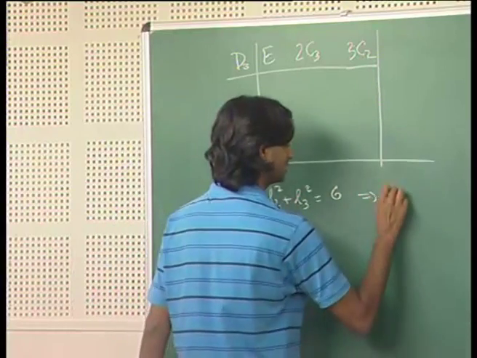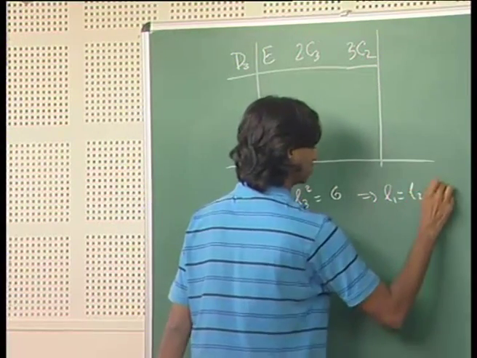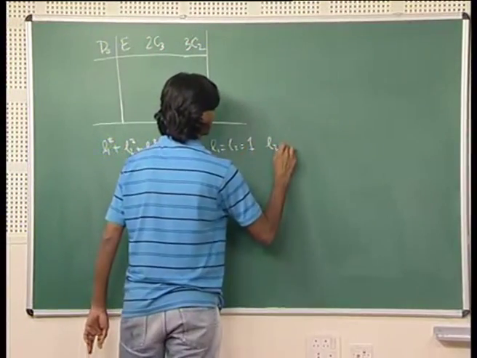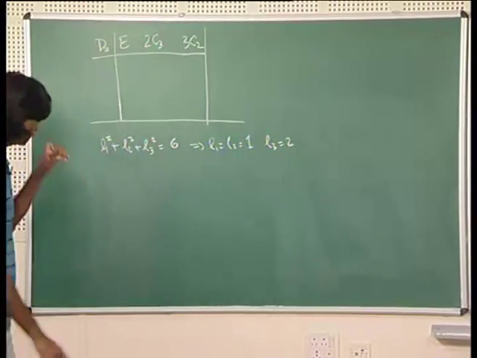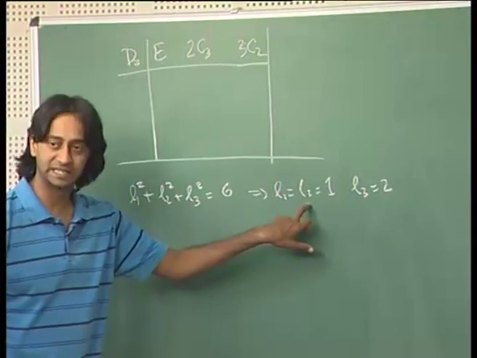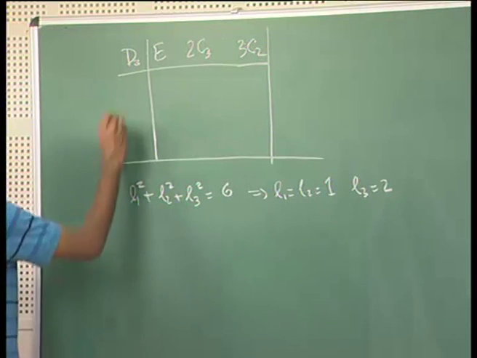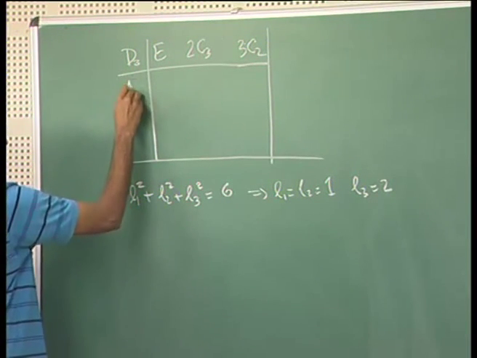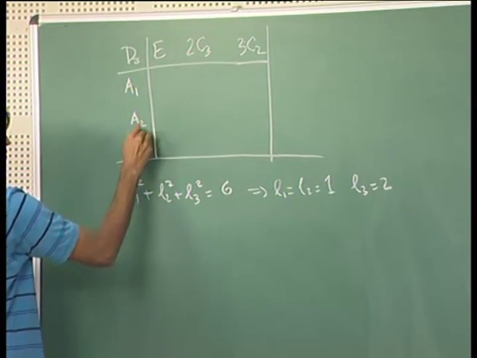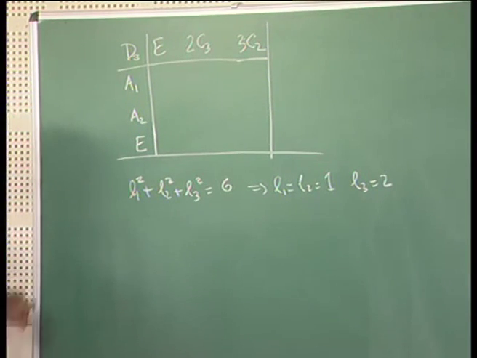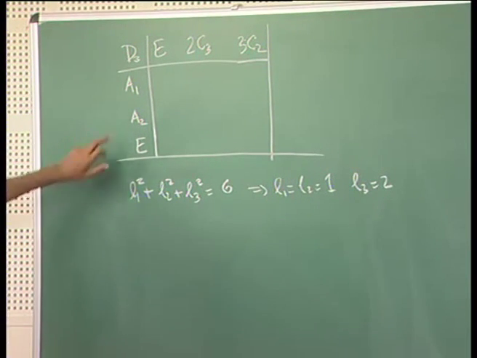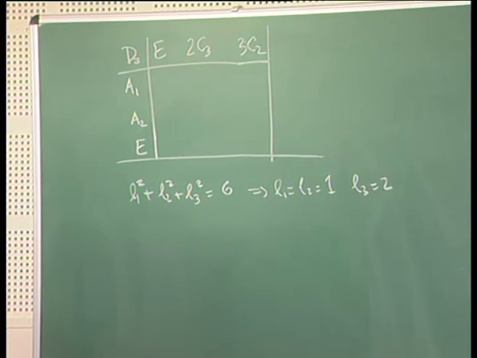This implies l1 equal to l2 equal to 1, l3 equal to 2. So, you have two one dimensional representations and one two dimensional representation. So, I can call them A1, A2 and E. These are the two one dimensional representations, this is a two dimensional representation.